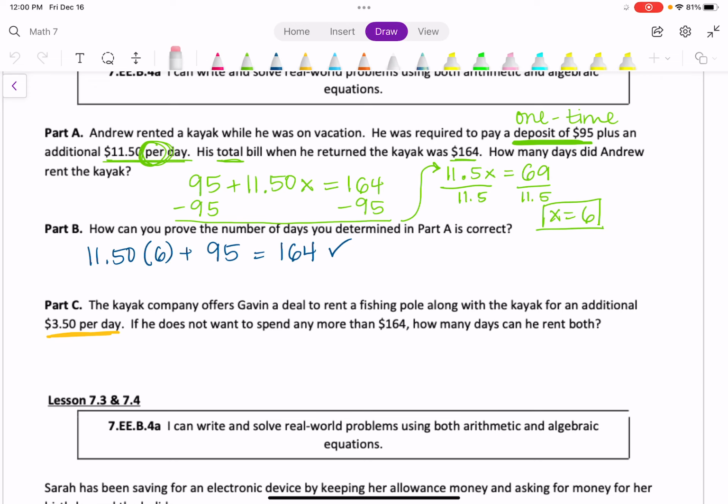So I have my 95 still from before, plus my 11.50 for my boat per day, plus my 3.50 for my fishing pole per day, and I still only want to spend $164. So I can put these two together first.